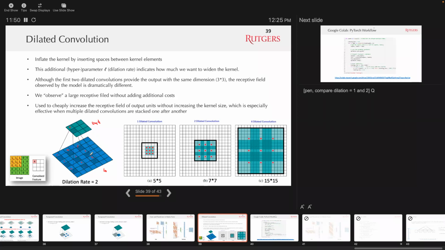So this additional hyperparameter we call the dilation rate can be tuned in practice, and if your dilation rate is larger, you're going to get a larger receptive field. Comparing these two, although you have the same number of parameters, with a larger dilation rate you get a larger receptive field. So this is one last bit from the last lecture, dilated convolution.